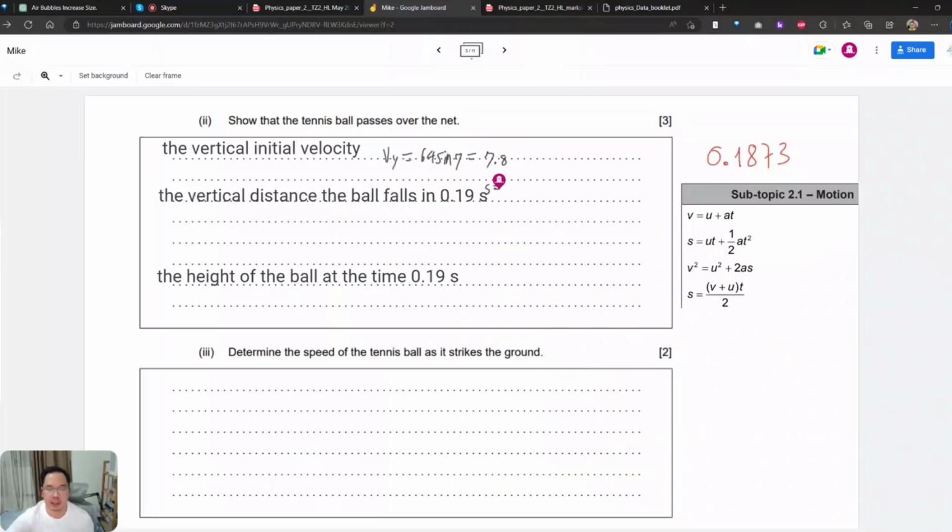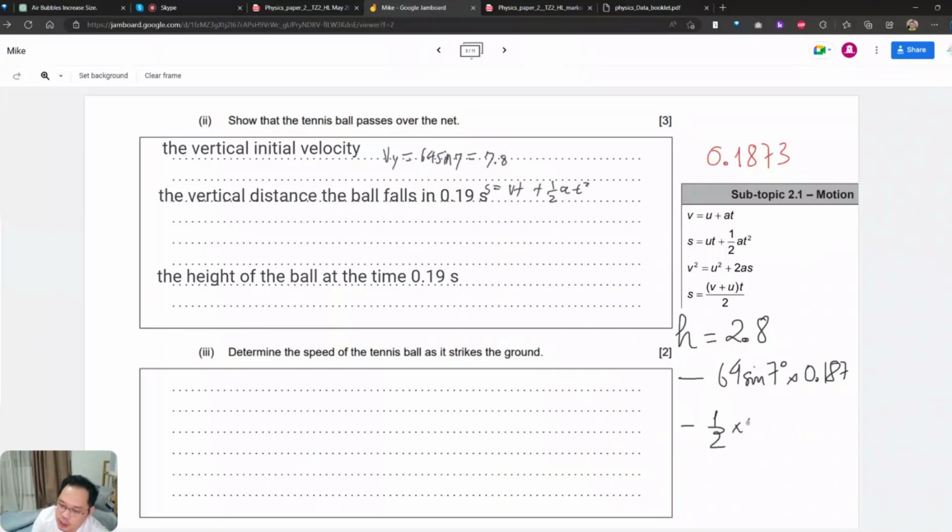So you can even combine the steps like this. Calculate the height: the initial height 2.8 meter, and subtract the distance, which is 64 times sine 7 degrees times the time 0.187, and then subtract also, you can put it in brackets, 1/2 of g, 9.81, times t squared, 0.187 squared.